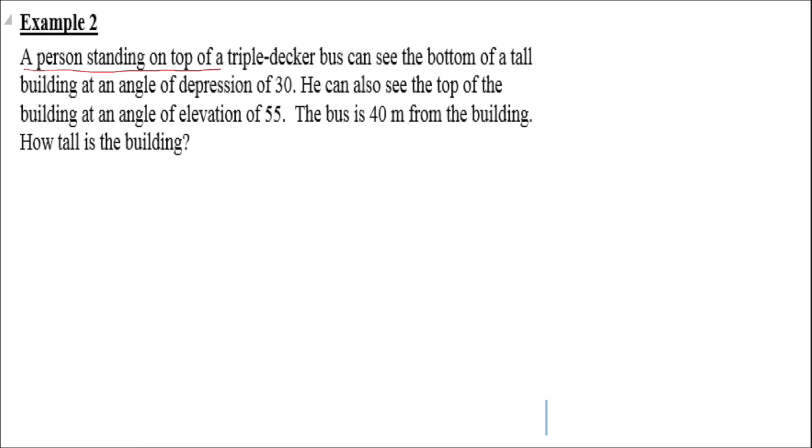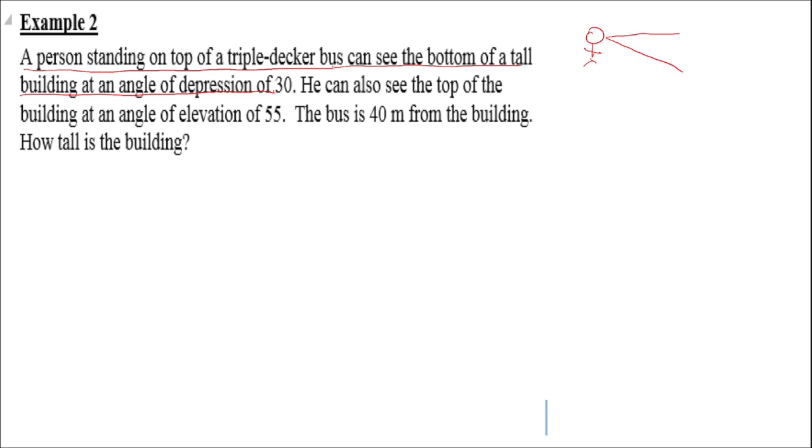Example 2. There's a person standing on top of a triple-decker bus. So there's some kind of bus and someone standing on top of it. The person can see the bottom of a tall building at an angle of depression of 30 degrees.